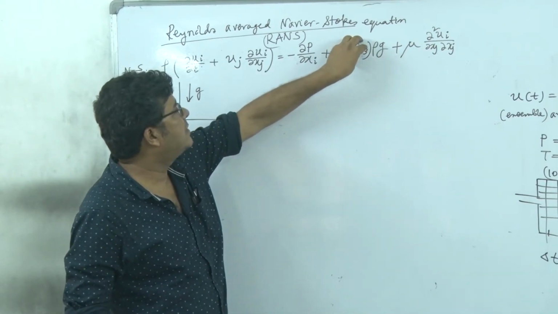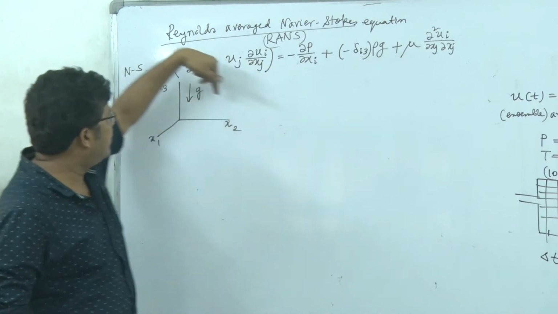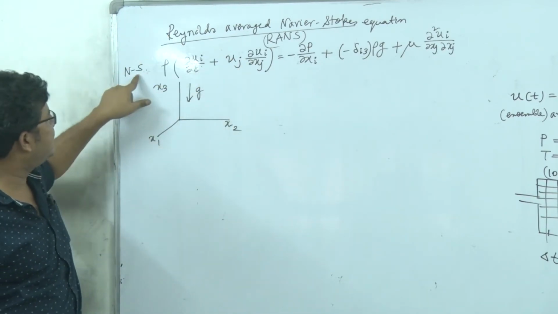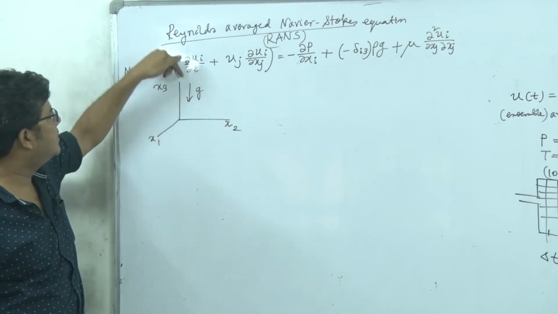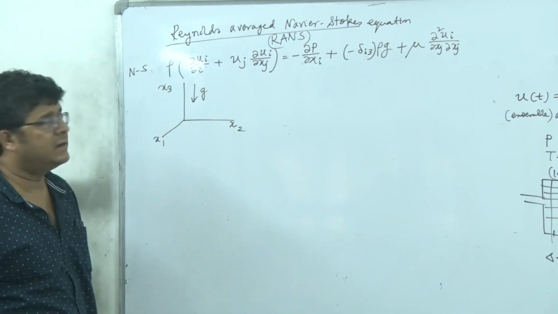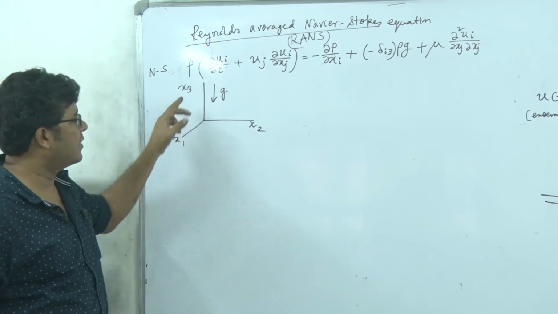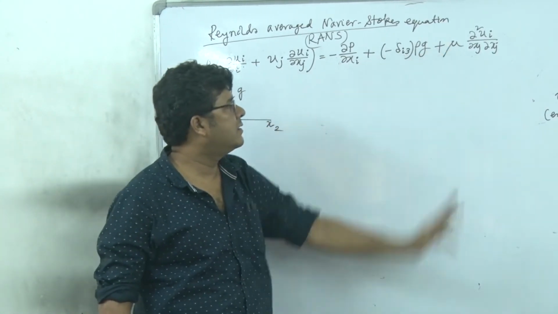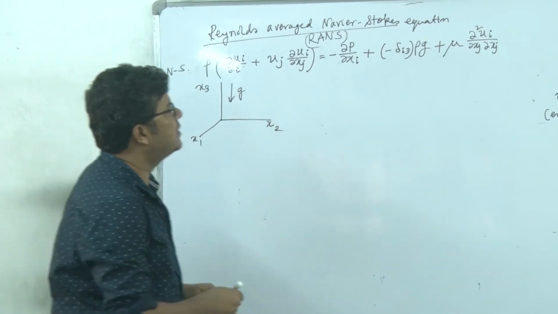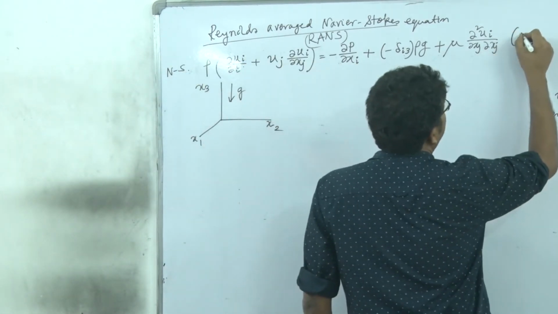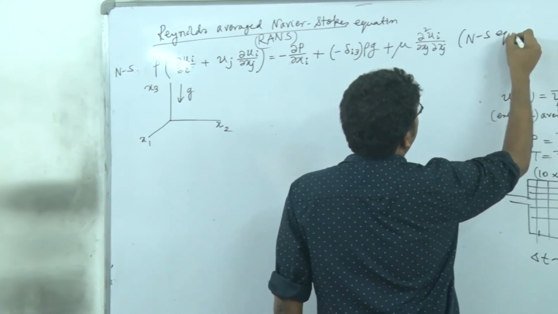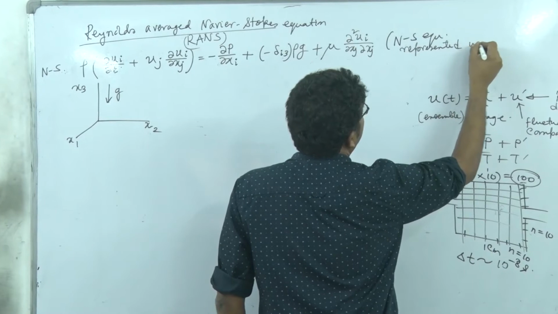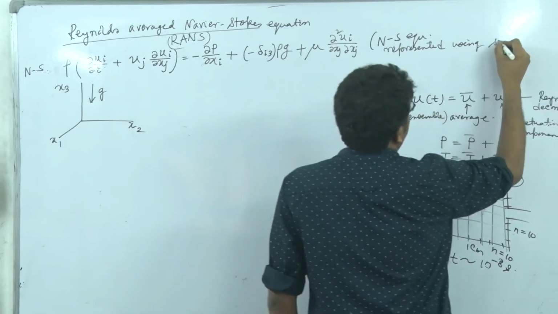So once it is giving you a minus 1, we get the term minus rho g for axis 3, right? Because this g is acting in the direction opposite to that of the x3 axis. So this is my Navier-Stokes equation represented using the summation convention.